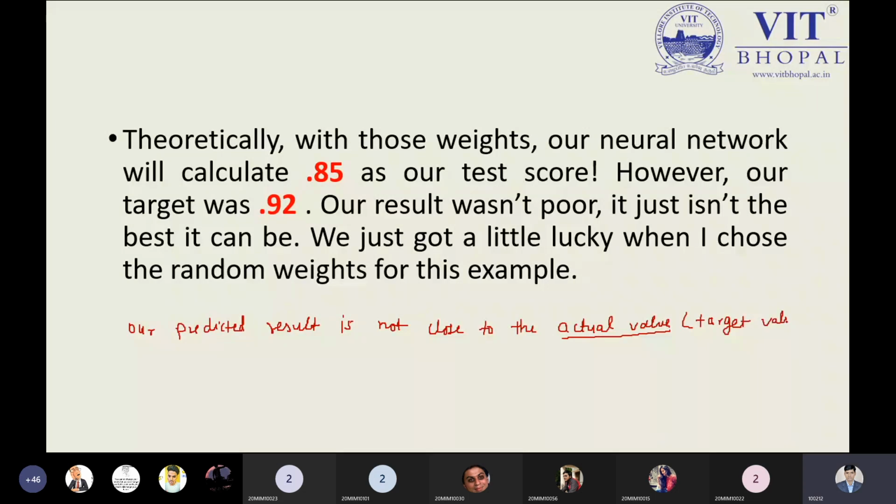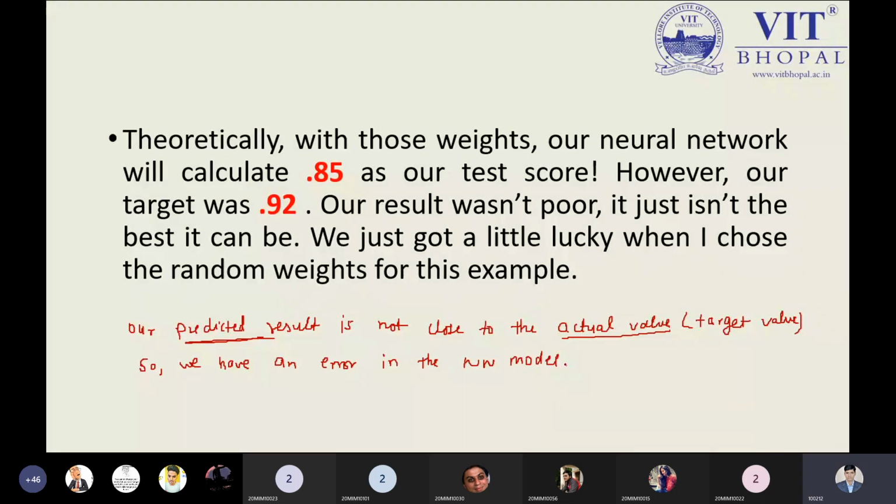The predicted result we got is 0.85, while the actual value was 0.92. So I can say we have an error in the model, in the neural network model.